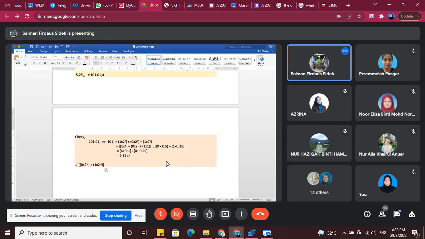Macam tu. 1.01 itu 1. Macam tu baru betul.